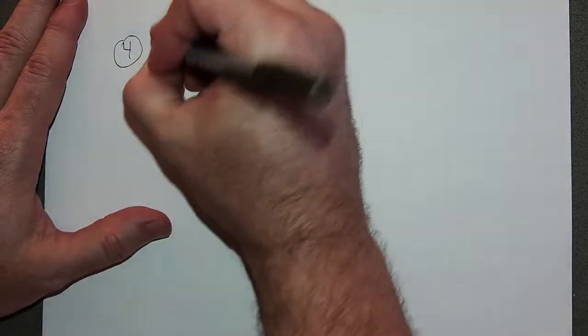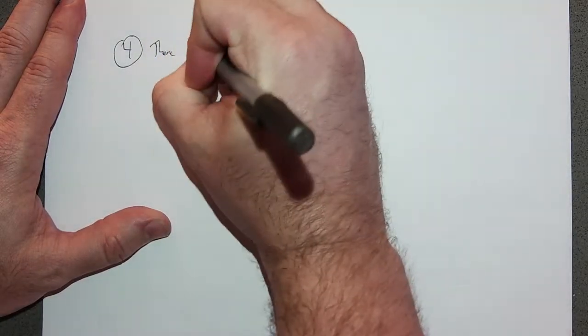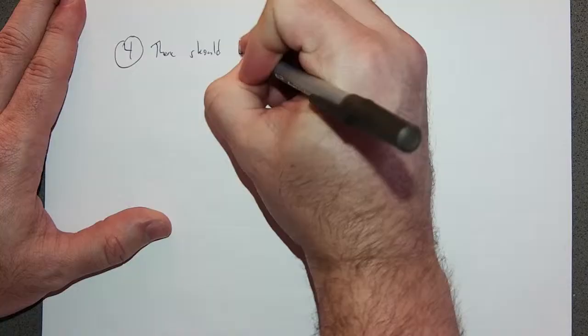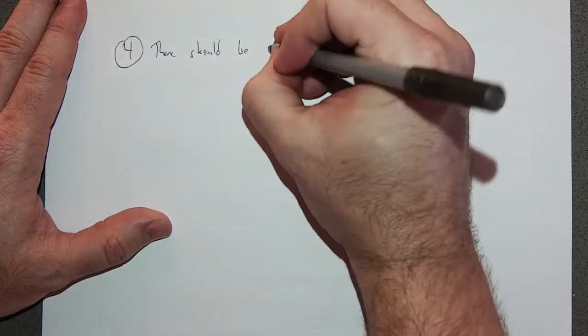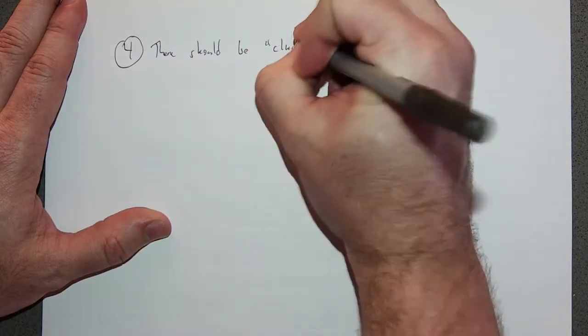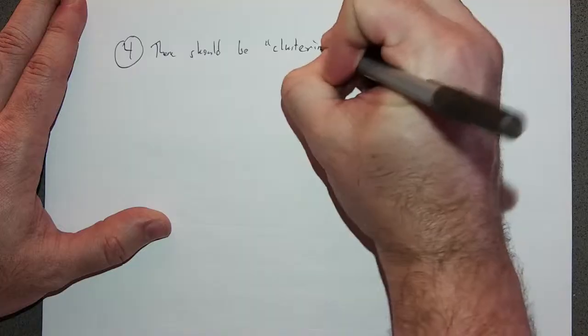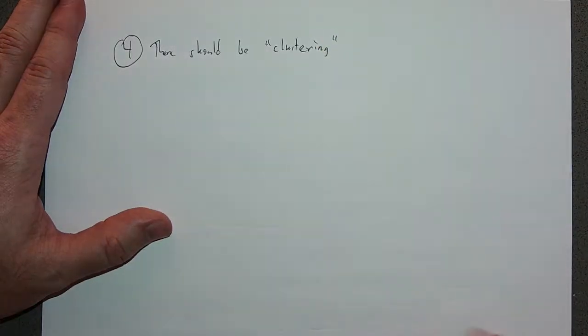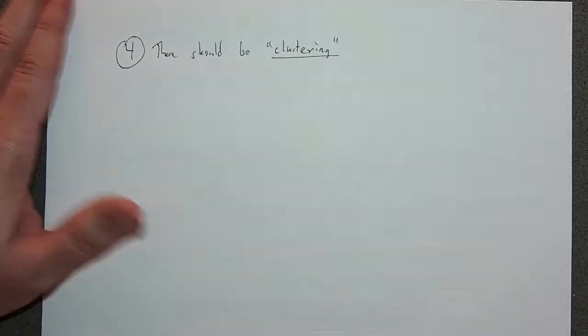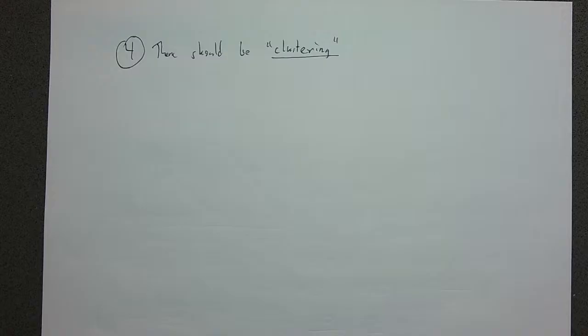Okay. There should be a reasonable amount of clustering in a small world graph. So how does this work?